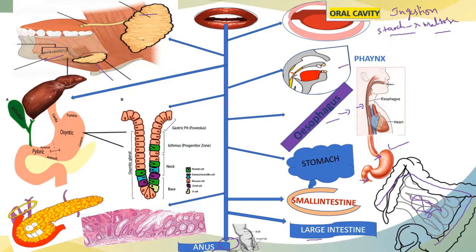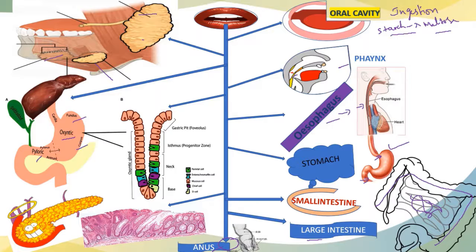And the next digestive glands are gastric glands. These are again divided into three types: fundic or oxyntic glands, pyloric glands, and cardiac glands.